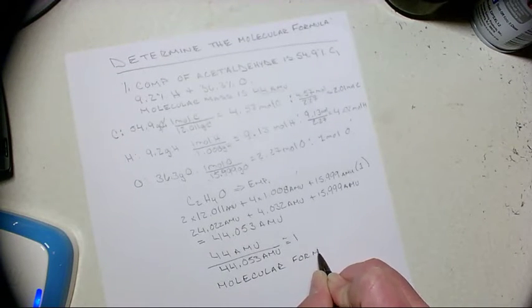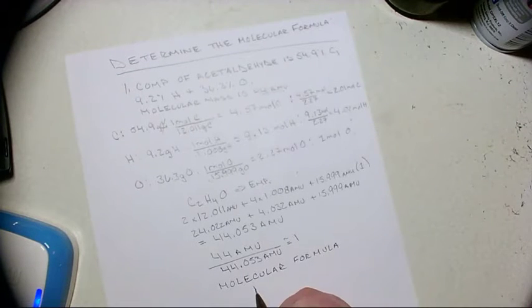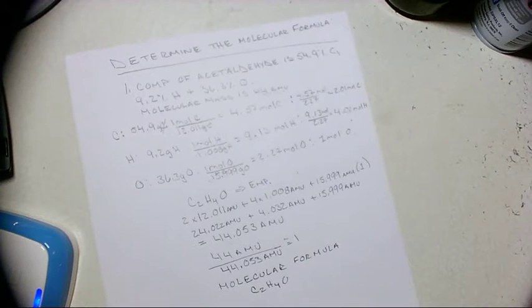If it were higher than that, let's see, C2H4O, say that came out to 2, then we would go back and multiply our subscripts by 2. So we'd pretend that that's a 1, so this would become 4, 8, and 2. And if it were a 3, it would be the same thing. It would be 6, 12, and 3.